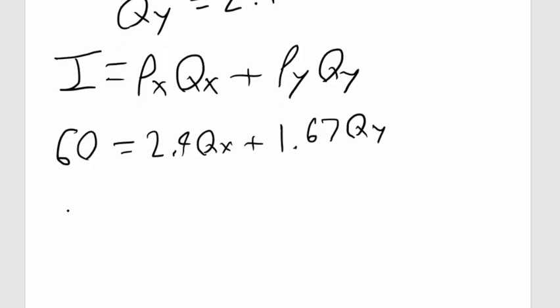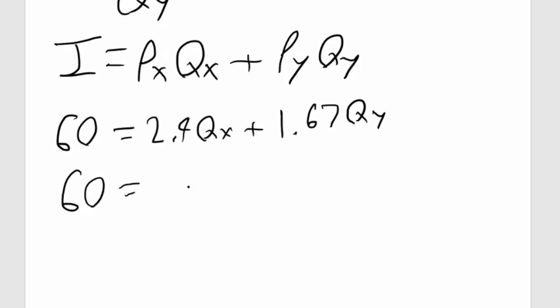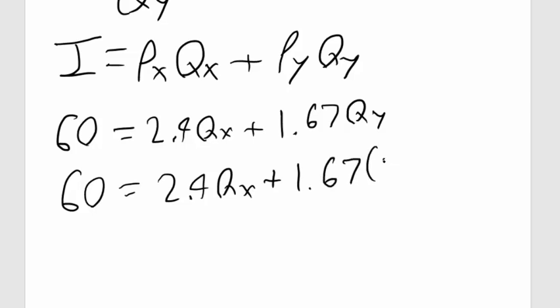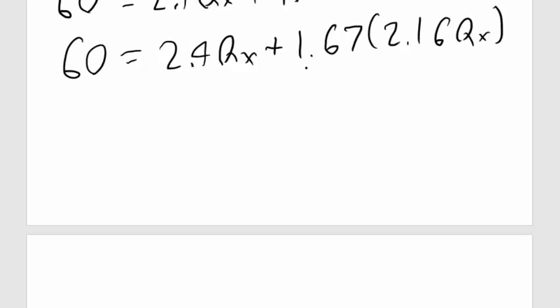So what we're left with is 60 equals 2.4 qx plus 1.67 times 2.16 qx. And if I were to multiply the 1.67 times the 2.16, that would give us 3.61 qx, and the rest stays the same.